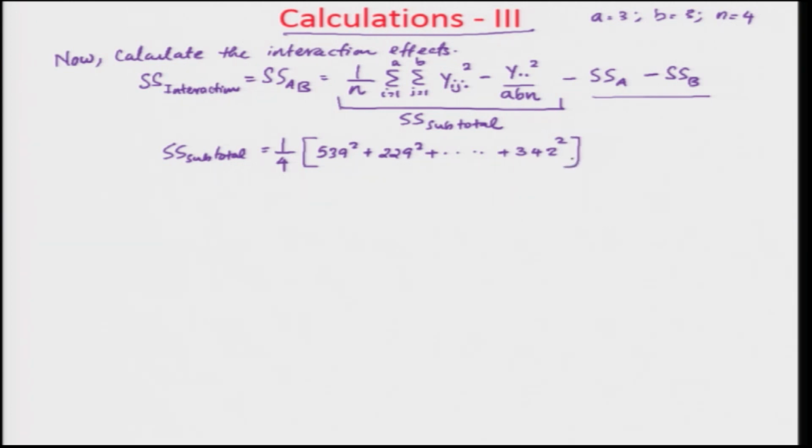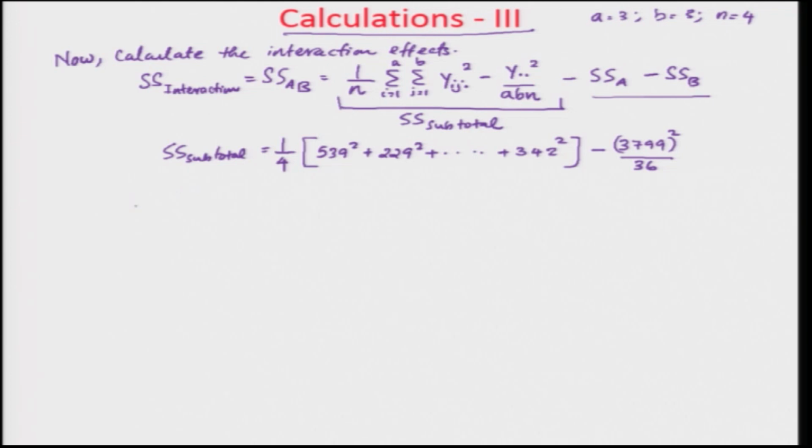This is the first part of it, then minus y dot dot dot square, which is the same thing we already calculated, 3799 square divided by 36, okay, and we get one particular value. This is how you compute your subtotal.